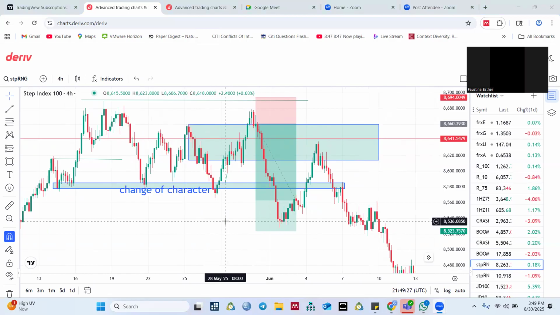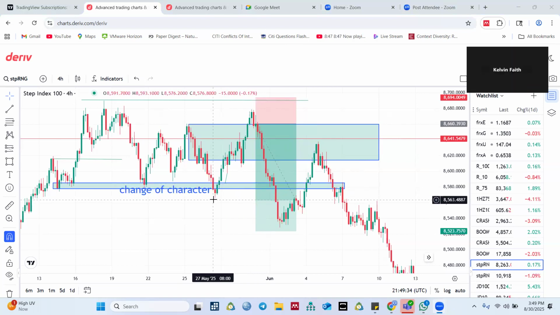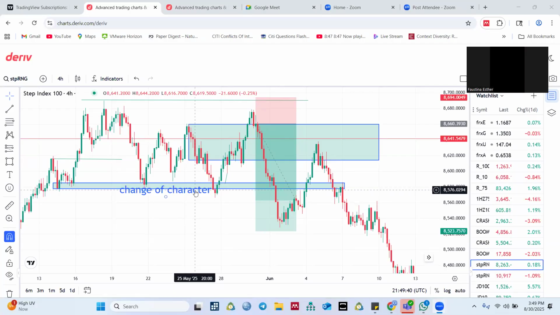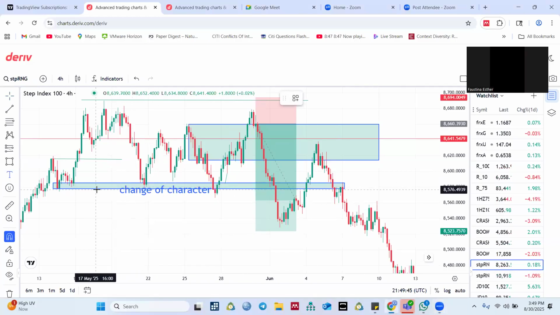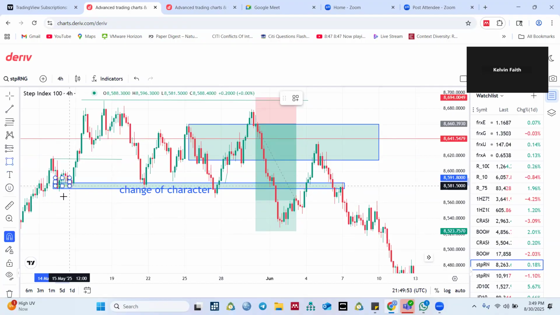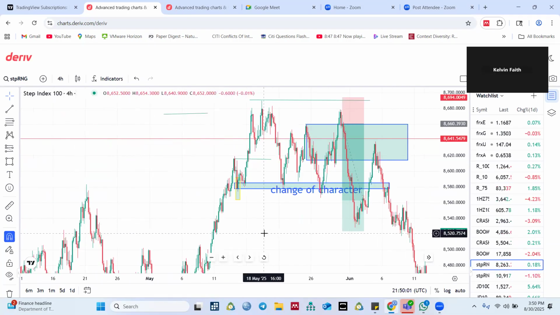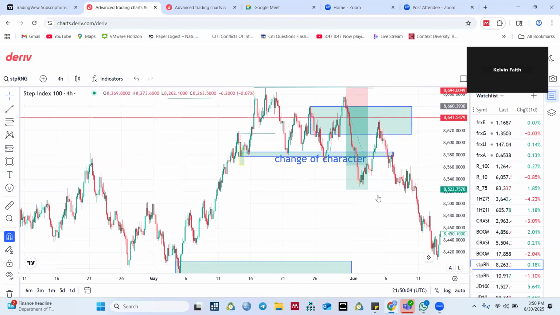I think after this break of structure here, we continue to sell. Good. So already I told you that this area, this low here, is the last low in the whole structural price action to the upside.